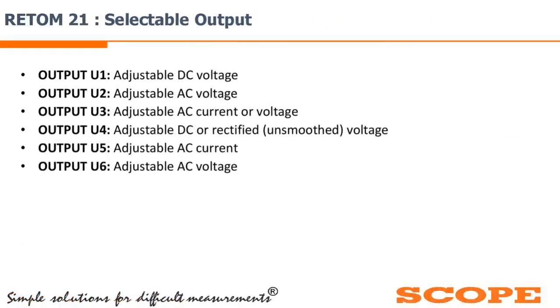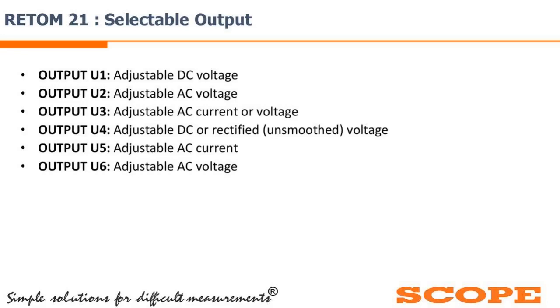So as I said, RETOM 21 has 6 selectable output ports: output U1 is used for adjustment of DC voltage, output U2 is for AC voltage, output U3 is useful for AC current or voltage adjustment, output U4 is for adjustable DC or rectified voltage, output U5 adjustable AC current, output U6 adjustable AC voltage.